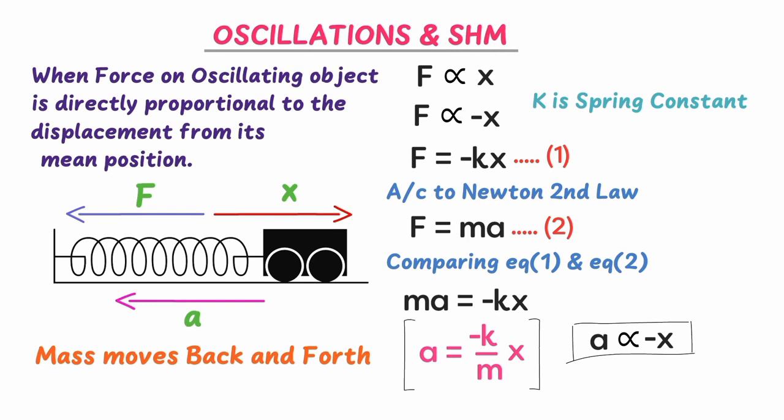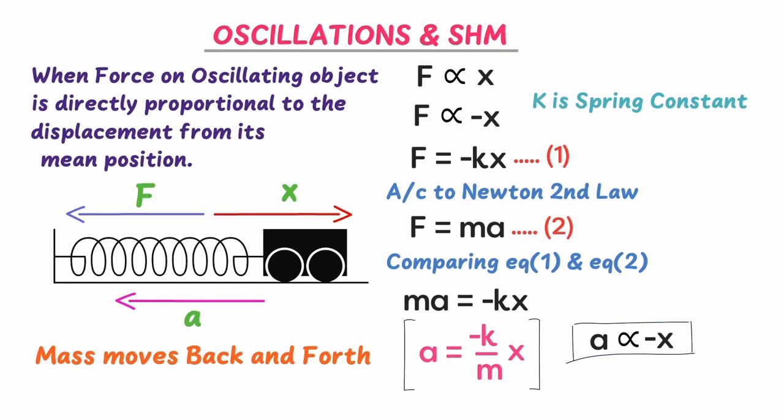Also remember that in SHM, acceleration is also directly proportional to displacement. Therefore, in oscillatory motion, force is directly proportional to displacement and acceleration is also directly proportional to displacement. We also call this oscillatory motion SHM or simple harmonic motion. Remember these two properties of simple harmonic motion.